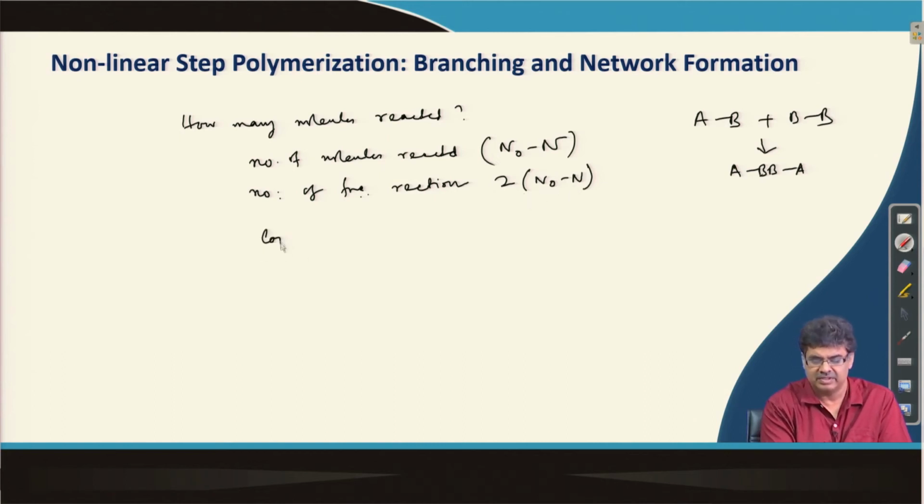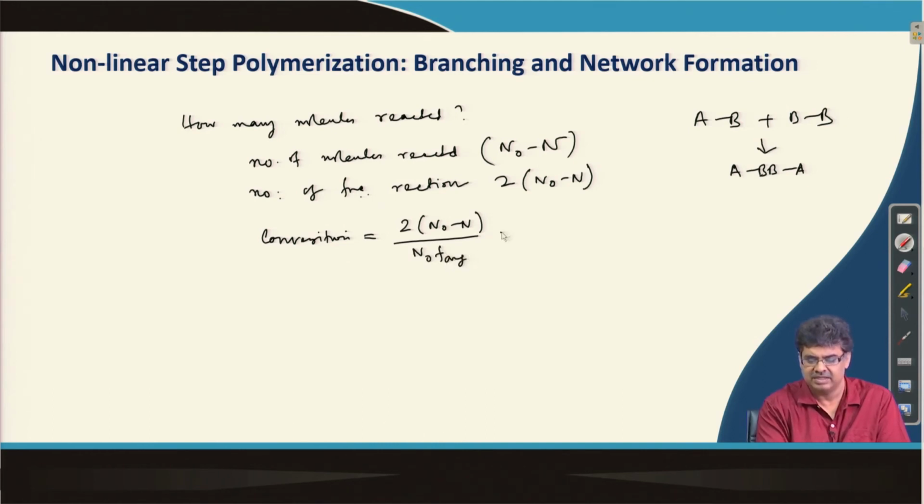So the conversion P is the fraction of functional groups reacted, 2(N_0 minus N) divided by N_0 f average, which was the initial total number of functional groups.